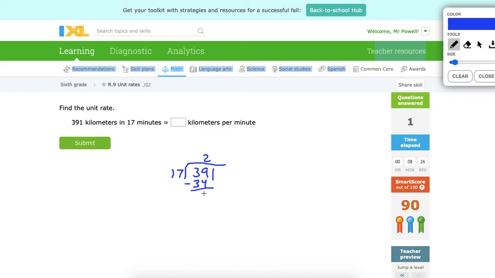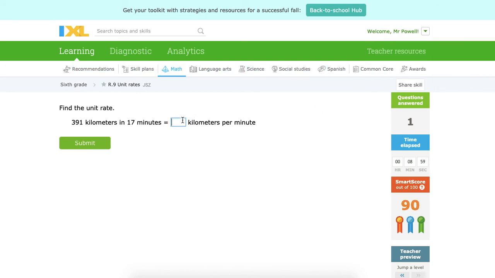Minus that, that would give us 51, which would be 3 times. So 3 times 10 is 30, and 3 times 7 is 21. Add those together, and that would give you 51. So 23. We could go ahead and put that in there: 23 kilometers per minute. That is what we end up doing on these.